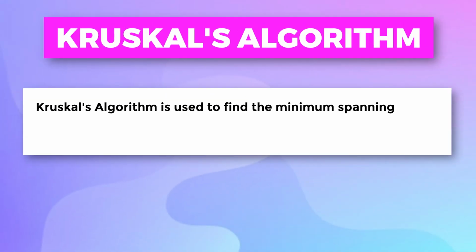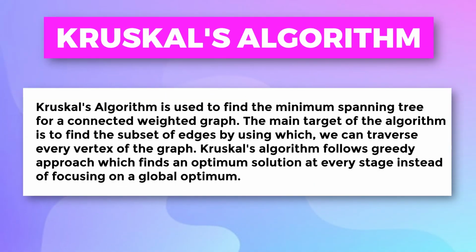Now we discuss another algorithm for the minimum spanning tree, that is Kruskal's algorithm. Kruskal's algorithm is used to find the minimum spanning tree for a connected weighted graph. The main target of the algorithm is to find the subset of edges by using which we can traverse every vertex of the graph.